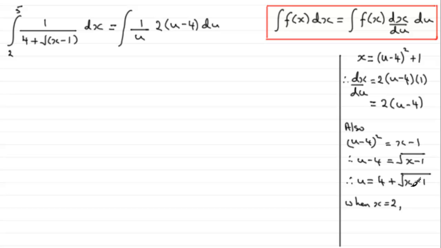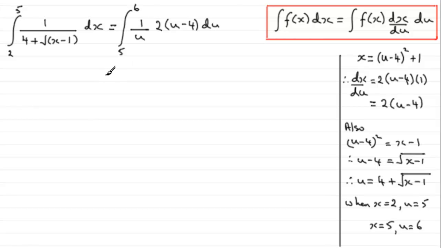Well, 2 minus 1 is 1, the root of 1 is 1, so 4 and 1 is 5, so u equals 5. So put that limit there as 5. And for the upper limit, when x is 5, what do we have for u this time? Well, 5 take away 1 is 4, the root of 4 is 2, so 4 and 2 is 6, so u equals 6, that upper limit there.